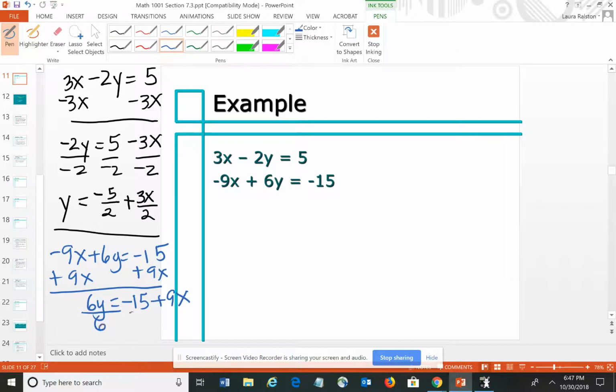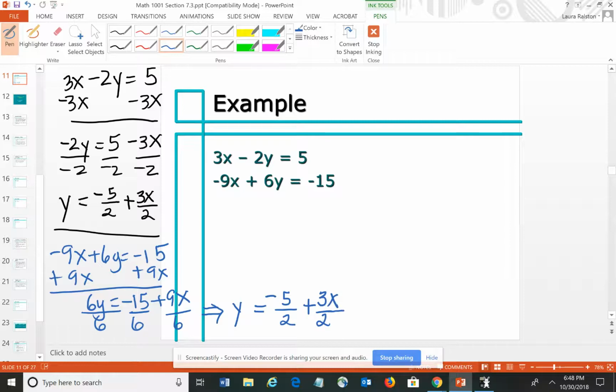We divide everything by 6. And so I have y equals, I'm going to simplify, negative 15 and 6 both divide by 3, which gives me negative 5 over 2, plus 9 and 6 again divide by 3, so 3x over 2.